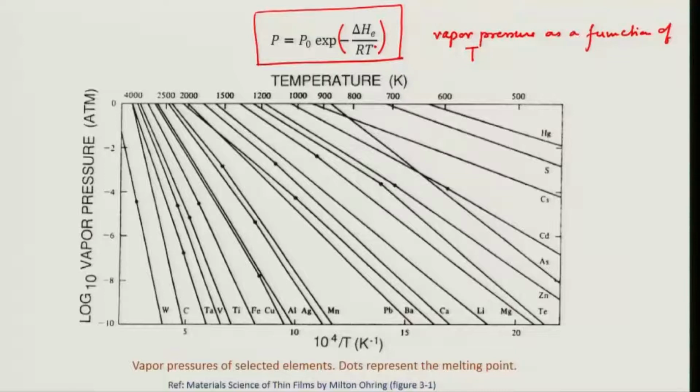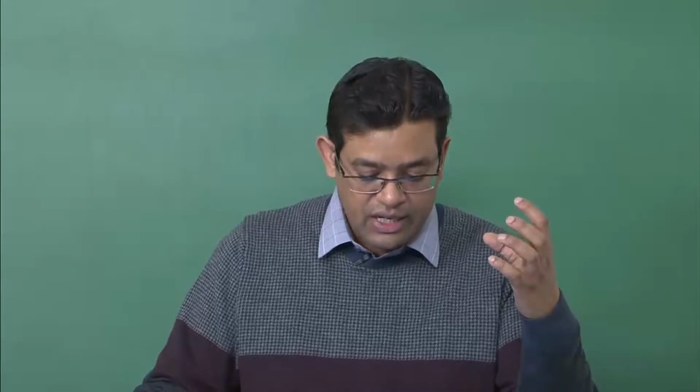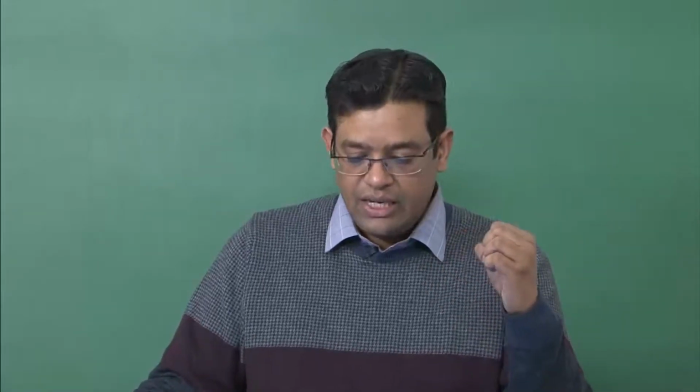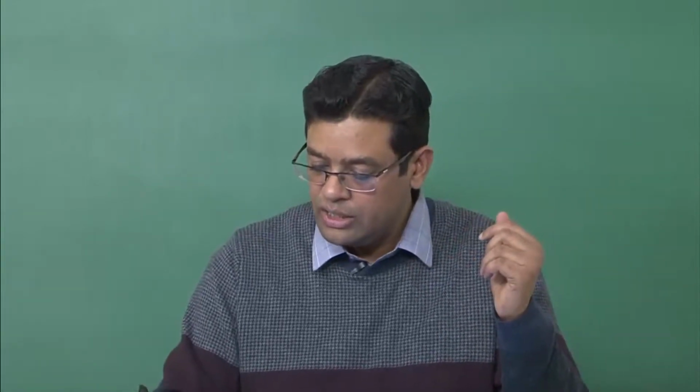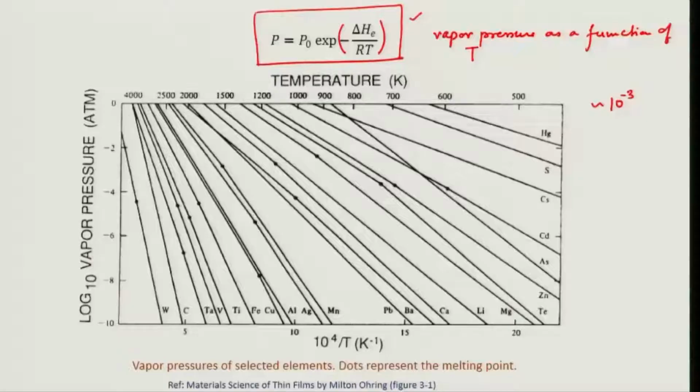If we keep heating, the vapor pressure will increase, obviously, according to this expression, but for thermal deposition we need a vapor pressure of the source material of around 10 to the power minus 3 torr for thermal evaporation.